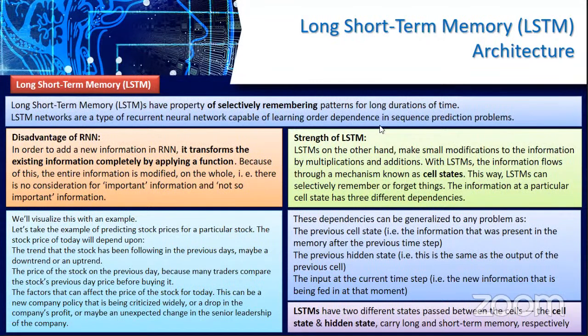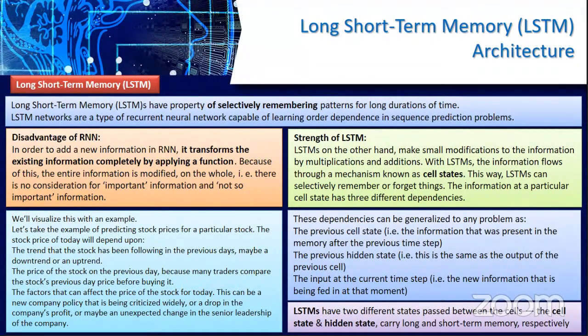But LSTM is not like that. LSTM will say, I can modify partial information or I can remember it. LSTM will represent everything as a cell, and the cell will have states, right?